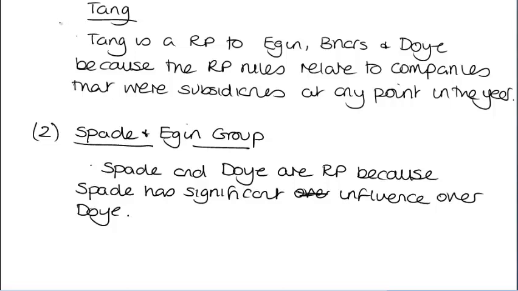If you look at the last sentence on page 26, the remaining 40% of the shares in Doyle are owned by Spade, which exerts significant influence over Doyle.